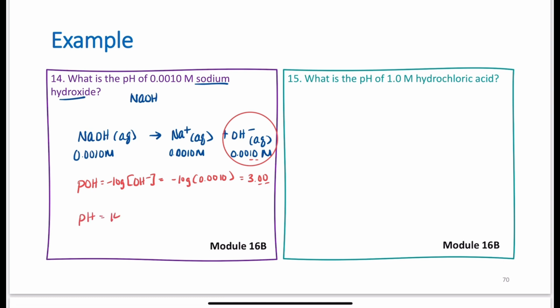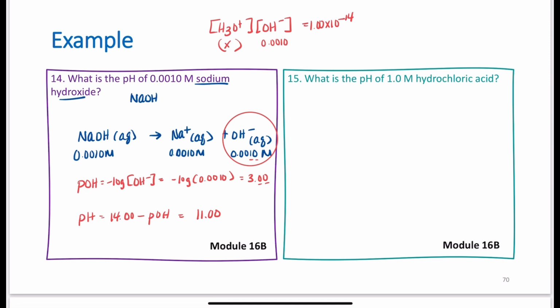And then pH would just be equal to 14.00 minus pOH, or 11.00. You don't have to do it that way. You can also remember H3O plus concentration times hydroxide concentration equals 1.00 times 10 to the negative 14. So you can plug your concentration in here and then solve for this value and then plug it into pH if you would like to do that instead.